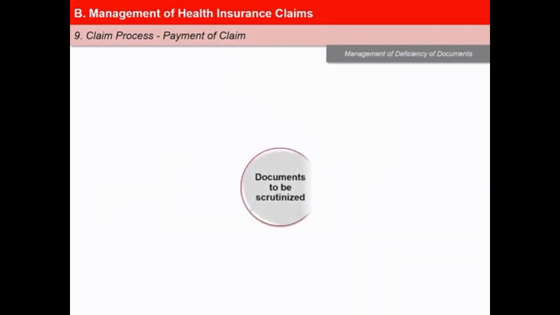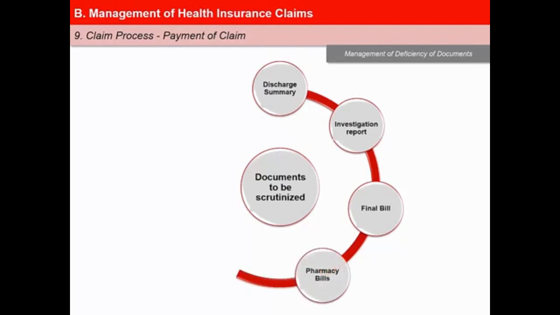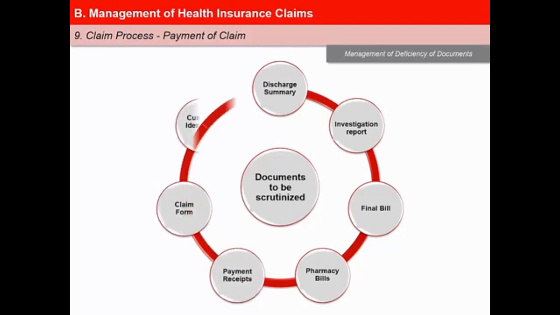Processing of a claim requires the scrutiny of a list of key documents. These are discharge summary with admission notes, supporting investigation reports, final consolidated bill with breakup into various parts, prescriptions and pharmacy bills, payment receipts, claim form, and customer identification.